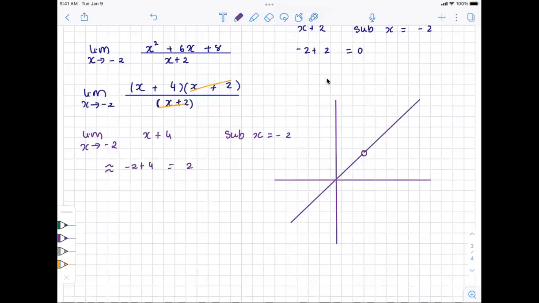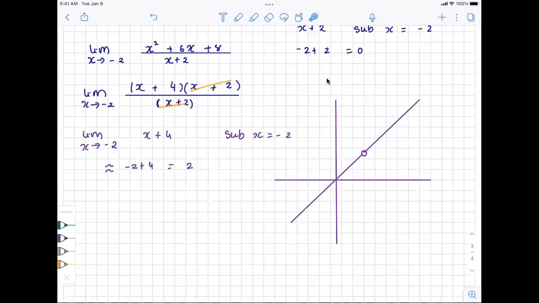So that is why f of 2 here does not exist, because the domain doesn't include x equal to -2, sorry, -2, not 2.